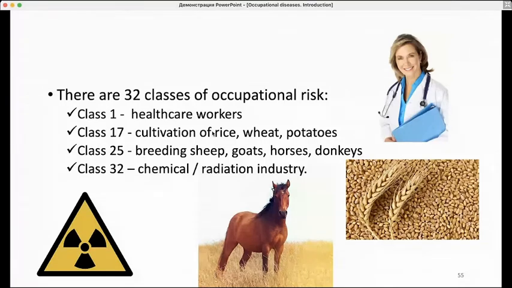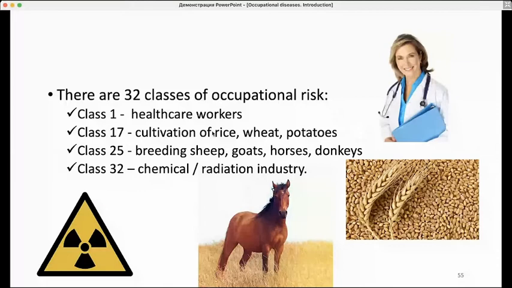For example, we have 32 classes of occupational risk, and class 1 is the minimal. It is for healthcare workers, and risk here generally is very low.